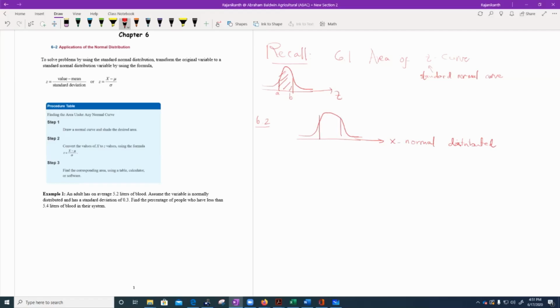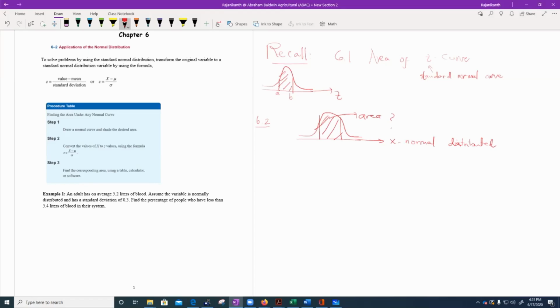Okay, so here again we are going to find the area like this. This is the area we are now going to figure out how to find. So the first procedure says to first draw the normal curve with the desired area, whatever the area you need to figure out.